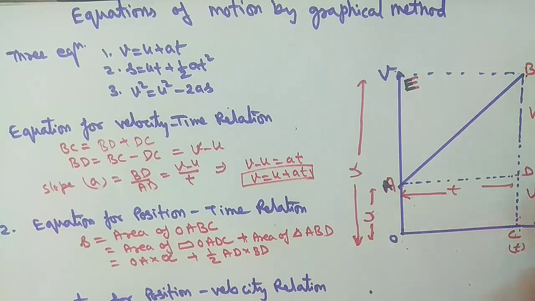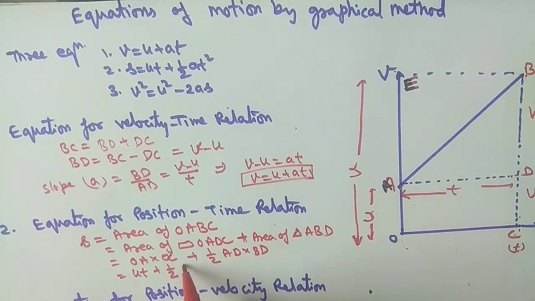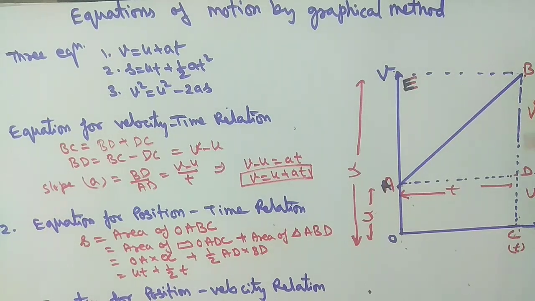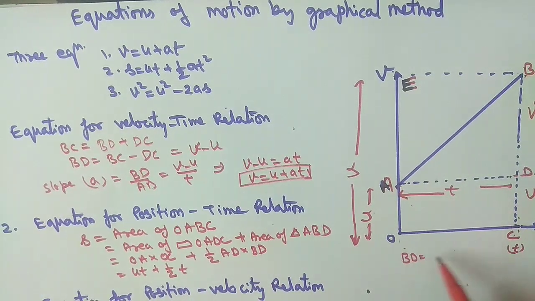So OA is U and OC is T, so the rectangle is U into T, plus half into AD, which is again T, into BD. What is BD?